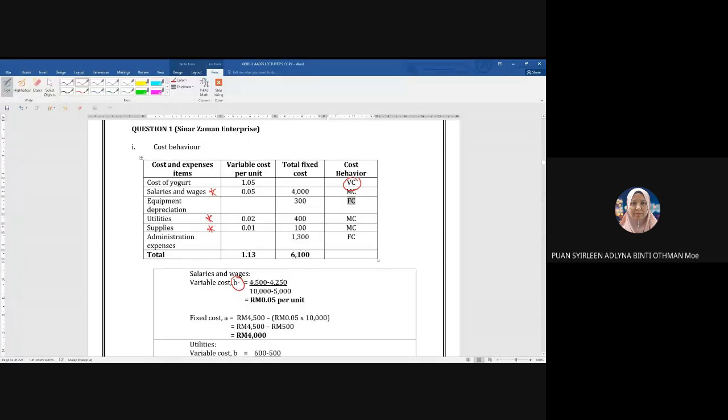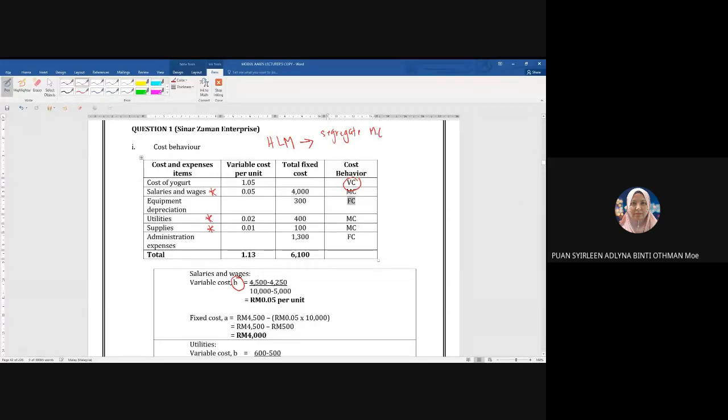Yesterday someone asked me about the question. When you want to use the high-low method, the purpose is to segregate, to segregate the mixed cost.